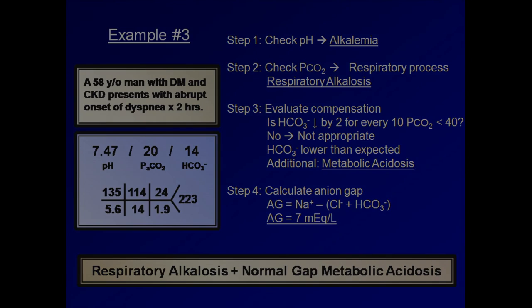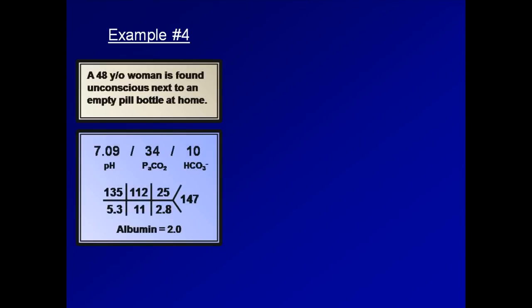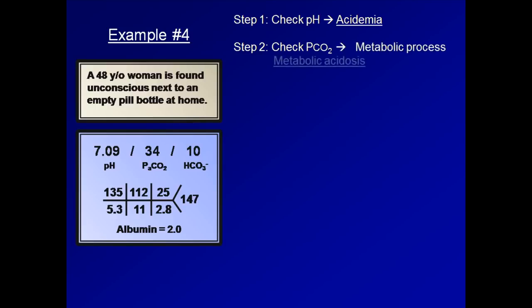Here is our last example. A 48-year-old woman is found unconscious next to an empty pill bottle at home. Her pH is 7.09, PCO2 34, bicarb 10. Step 1, we have an acidemia. Step 2, the low PCO2 tells us that she has a metabolic acidosis.